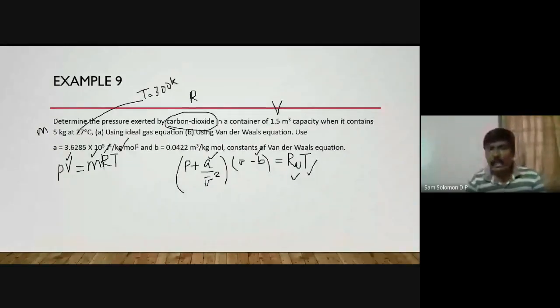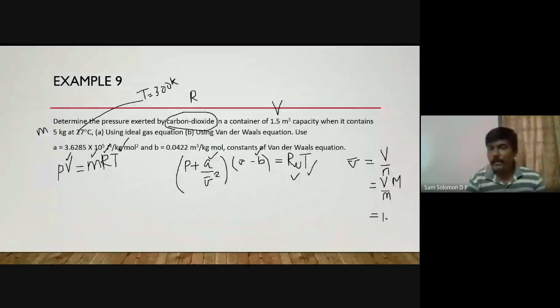Do I know V bar? Is it possible to get the value of V bar? What is given to me is volume. So volume divided by number of moles will give you the molar volume. But I don't know the number of moles either. So what is the formula for number of moles? Mass divided by molecular mass. So V bar is volume into molecular mass divided by mass.